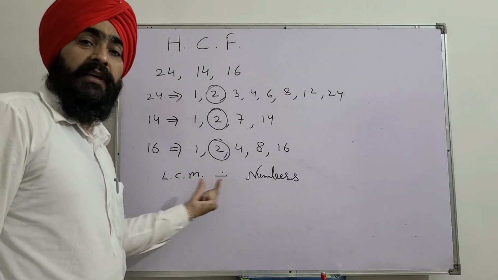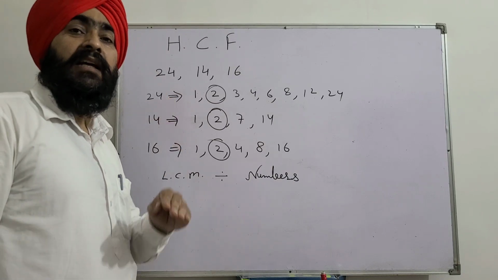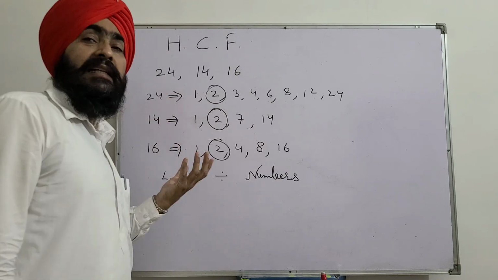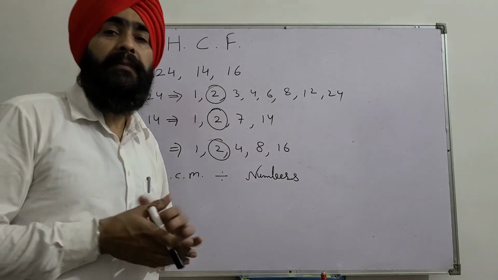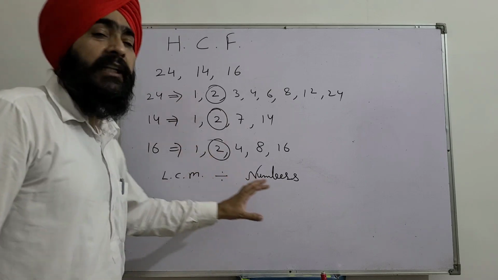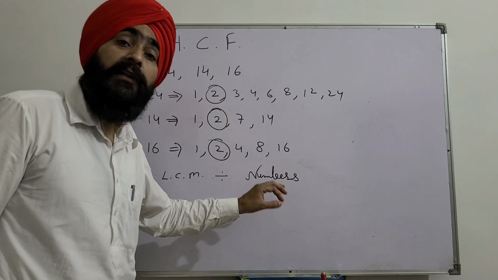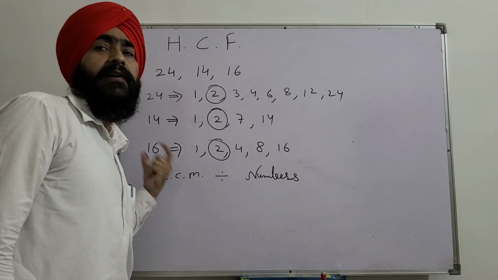Numbers जो होंगे वो सभी इस LCM को divide करेंगे. कौन से numbers? All those numbers which we used to find the LCM. Is it clear? Not just any numbers, only the numbers which we used to find the LCM will perfectly divide the LCM.